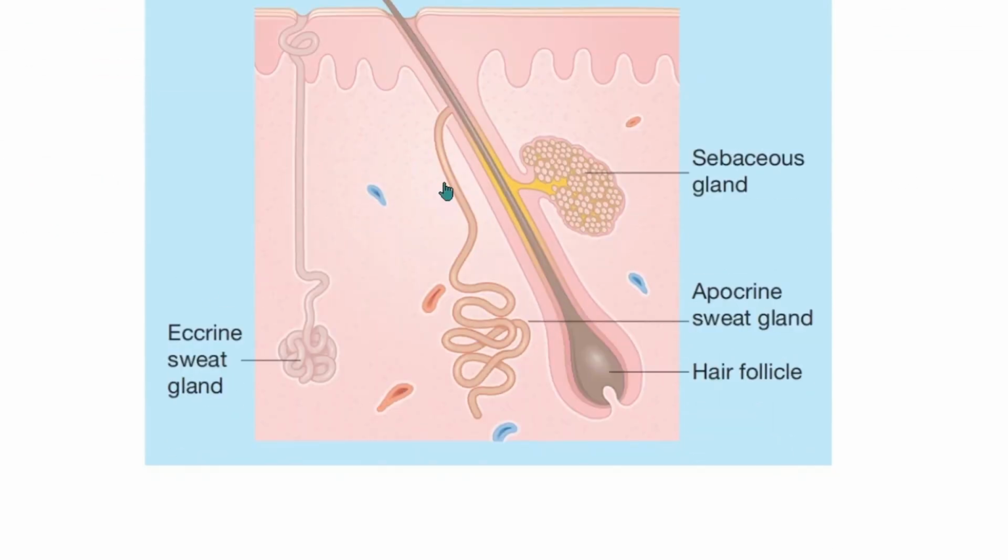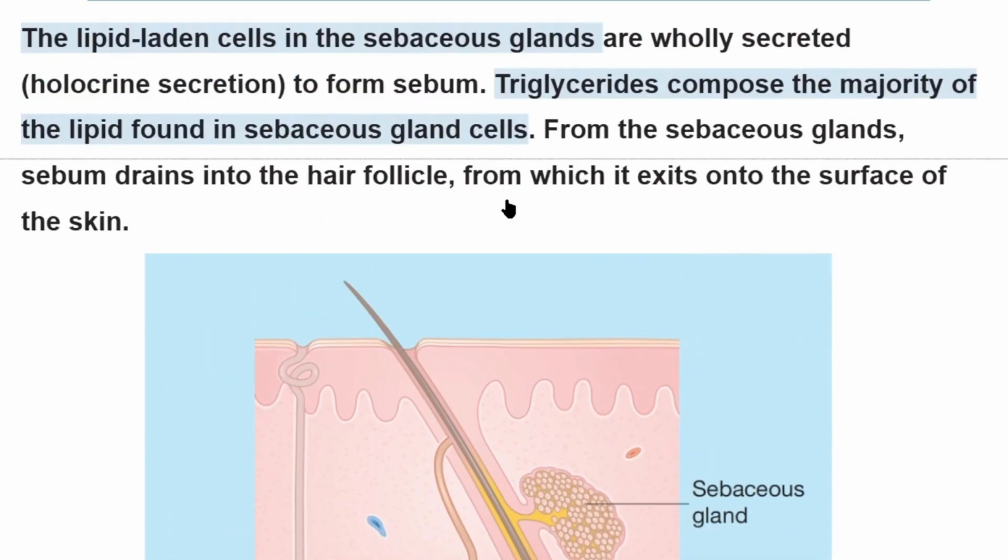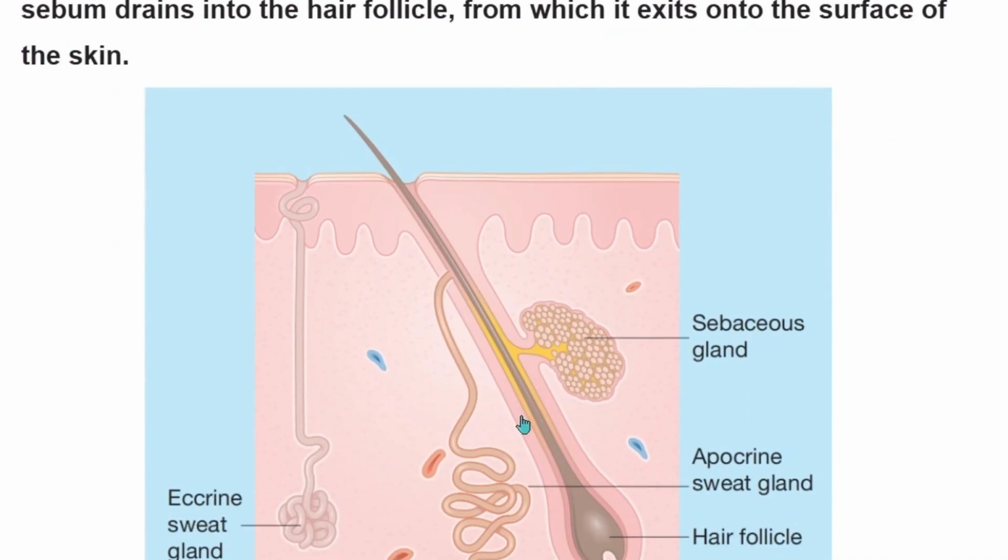As we said, like the apocrine sweat glands, sebaceous glands also secrete their products into the mid portion of the hair follicle, and from there it exits onto the surface of the skin. Here we can see the sebaceous gland, which is secreting its contents into the hair follicle.